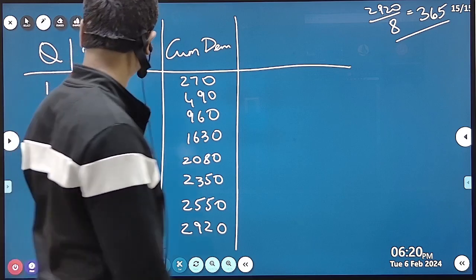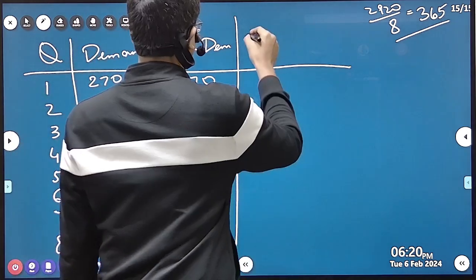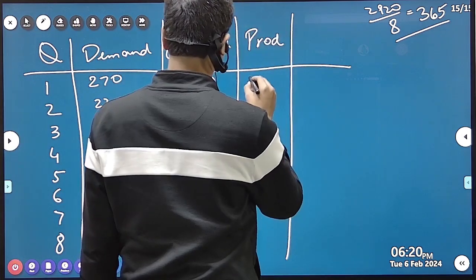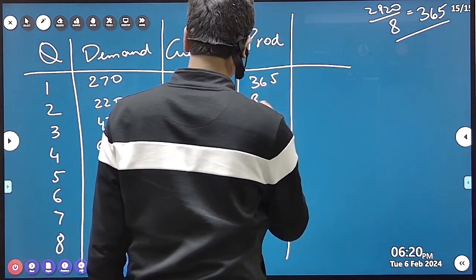So production will be 365 throughout all the quarters.